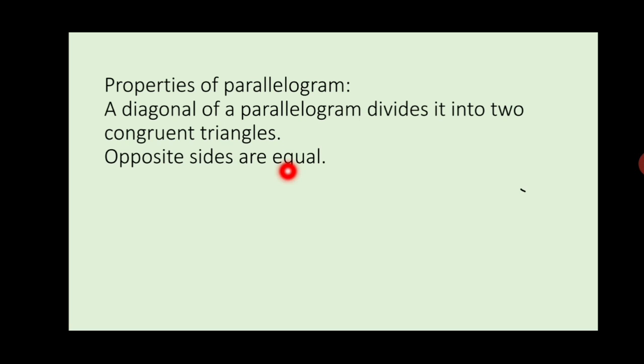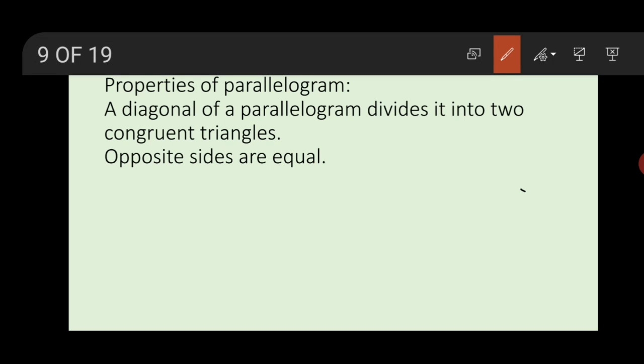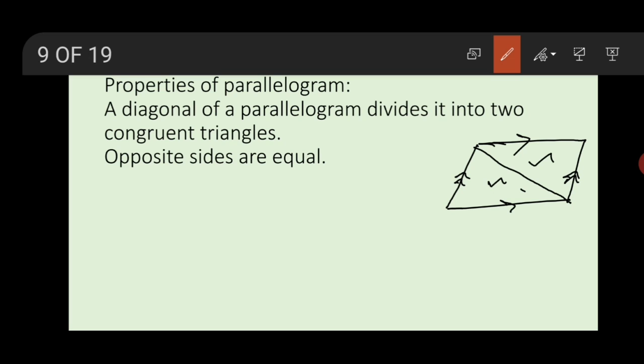A diagonal of a parallelogram divides it into two congruent triangles. Yesterday you have studied this by proving the theorem, right? I will show you again. See, in a parallelogram, a diagonal of the parallelogram bisects or divides it into two congruent triangles.